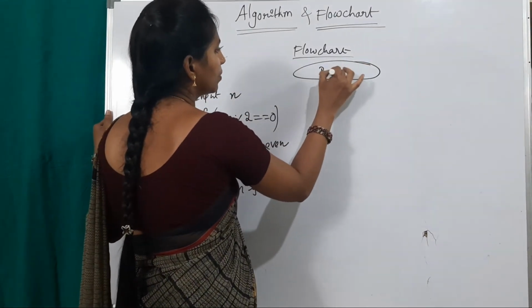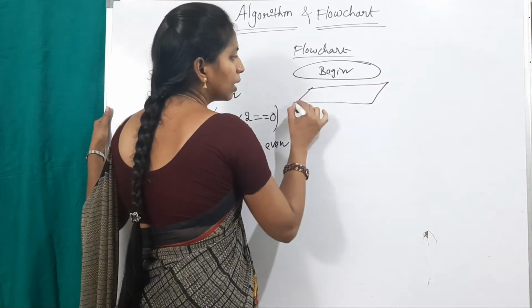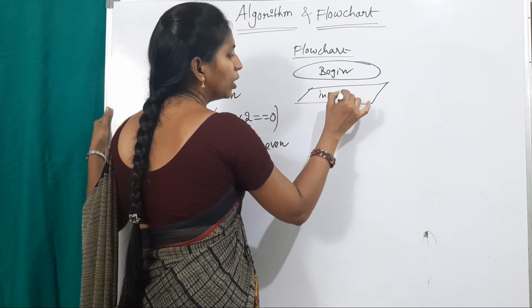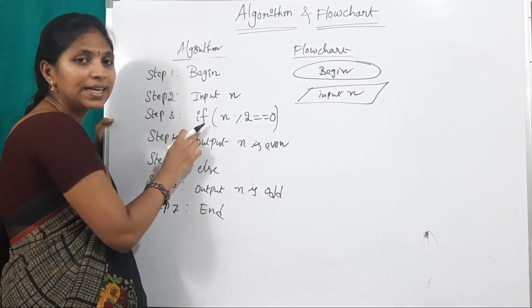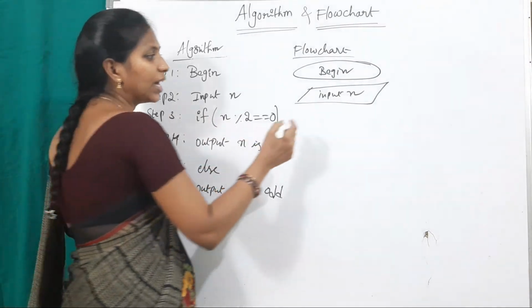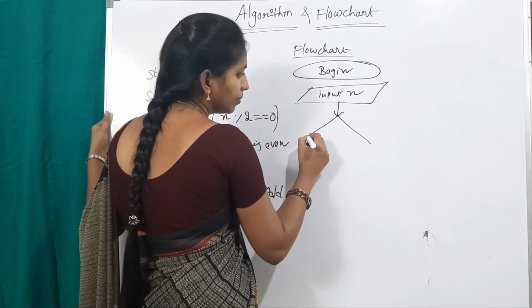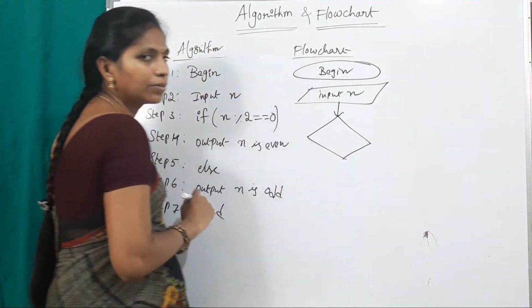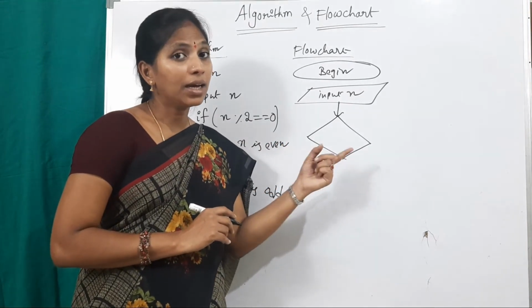Ellipse for begin. Input, parallelogram, input n. This is decision making, this is a condition. For a condition use a rhombus or diamond. If you use this diamond symbol, there are two cases.